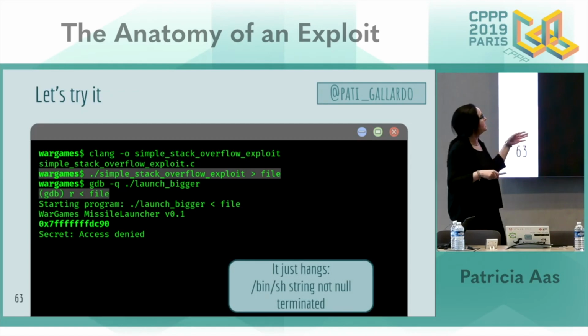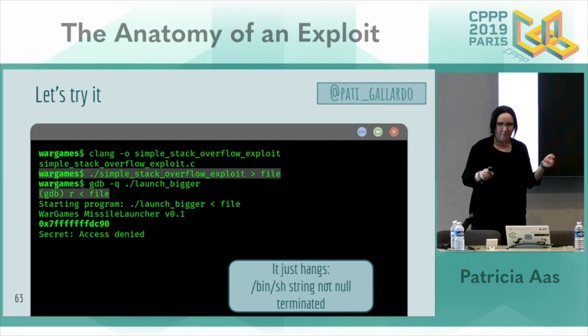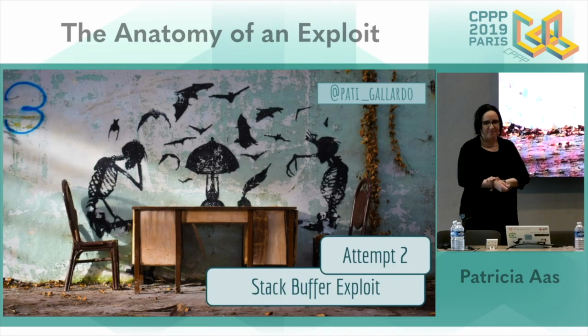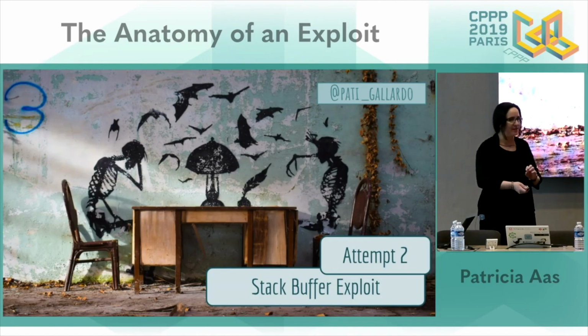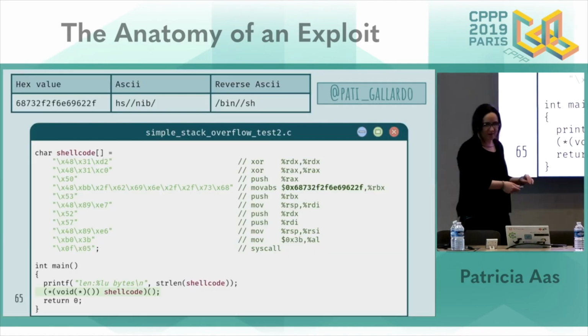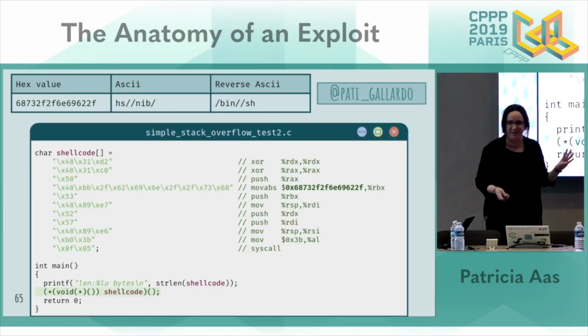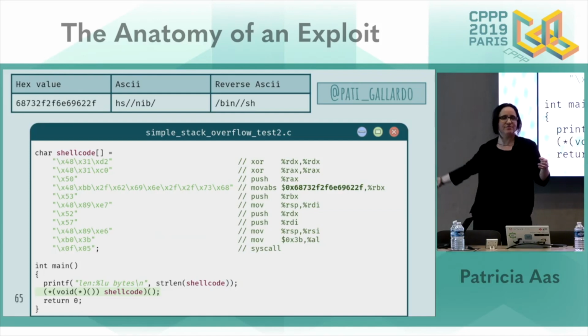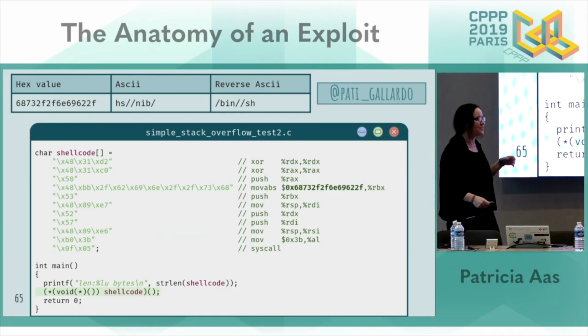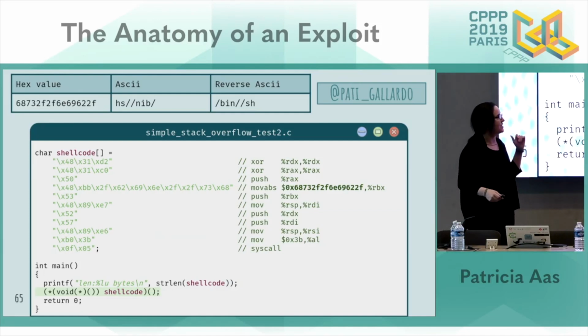It just hangs here. When you debug it a little bit, the problem was that the string wasn't terminated. The bin sh wasn't string terminated, and so it just reads and reads. So we need to be able to terminate the string.